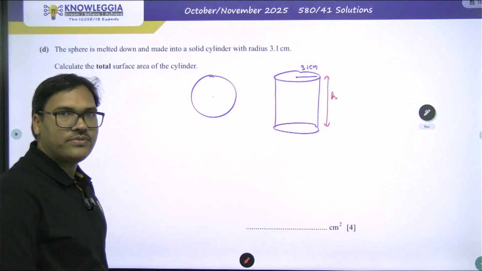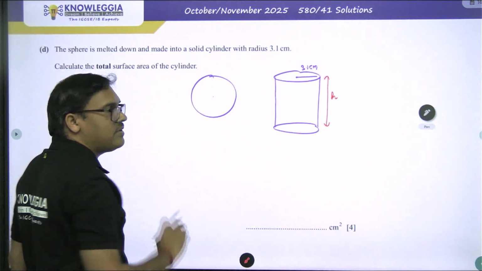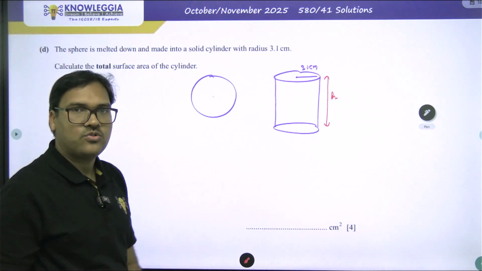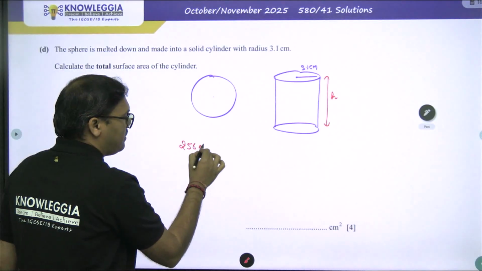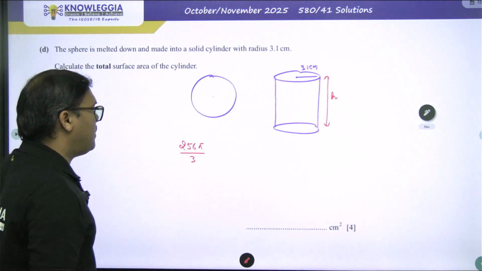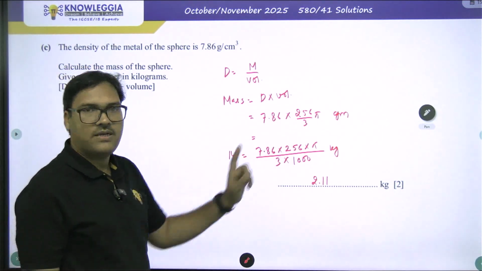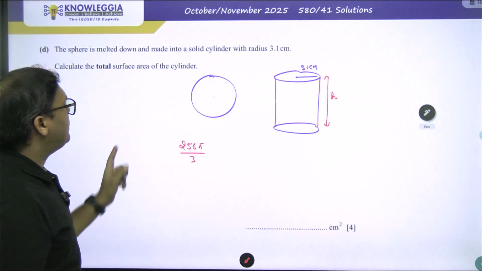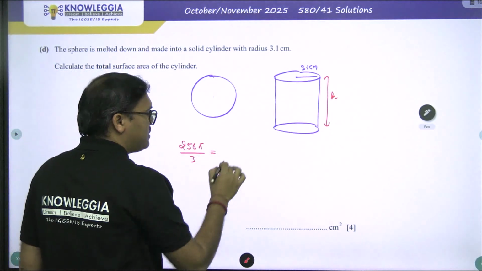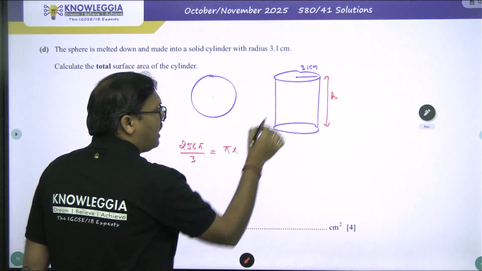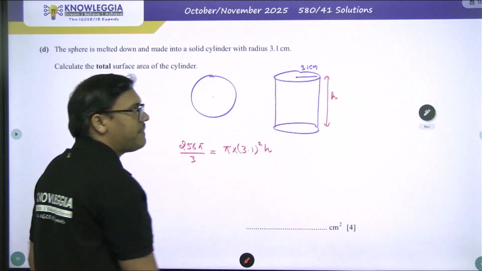Now what is the volume of this sphere? Volume of the cylinder will be the same, because this is made from this only. So what is the volume of the sphere? 256 pi by 3, which we already used. That is the volume of the sphere, and this volume should be equal to the volume of the cylinder, which is pi r square h, which is pi into 3.1 square into h.